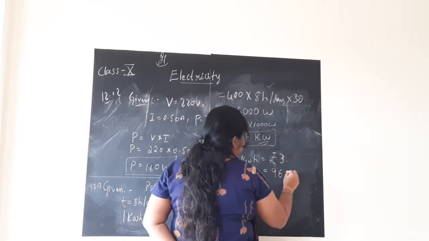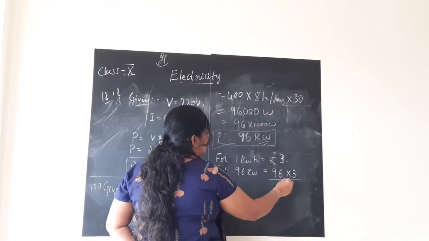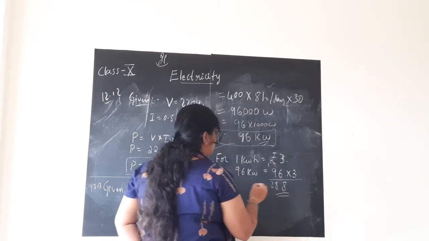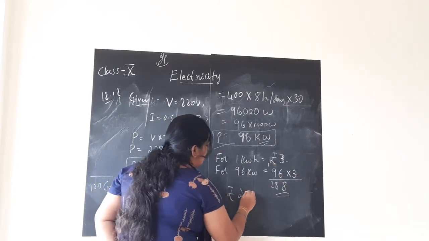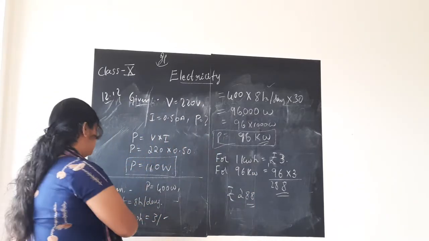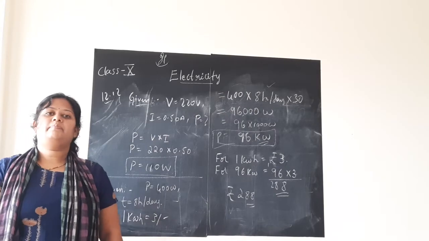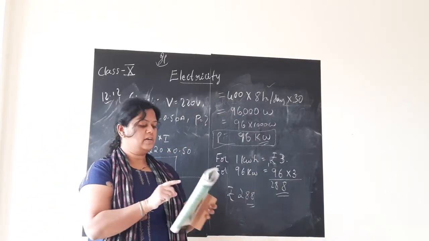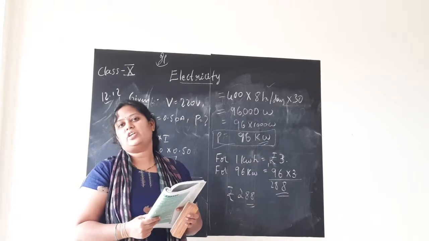Means 96 into 3 rupees. 3 6s are 18, 1 carry. 9 3s are 27 plus 1, 28. So 288 rupees is being charged. Rupees 3 per kilowatt hour means for 96 kilowatt hour, 288 rupees is being charged.